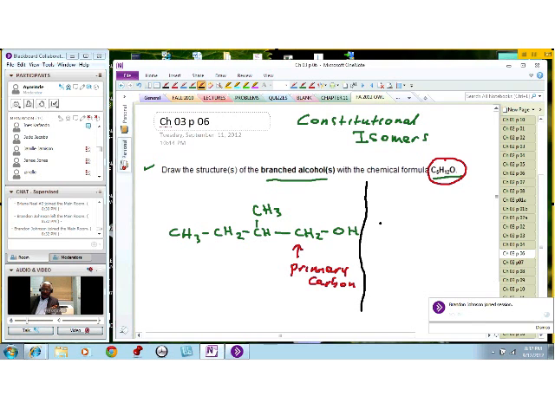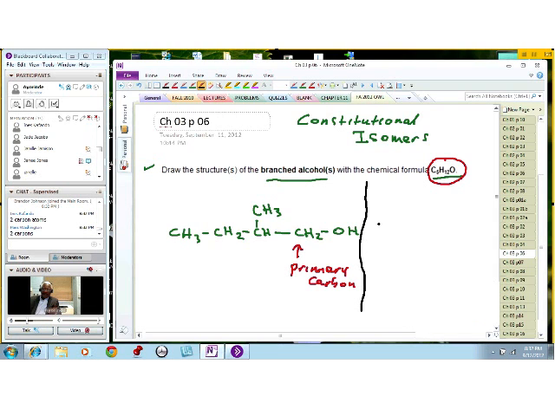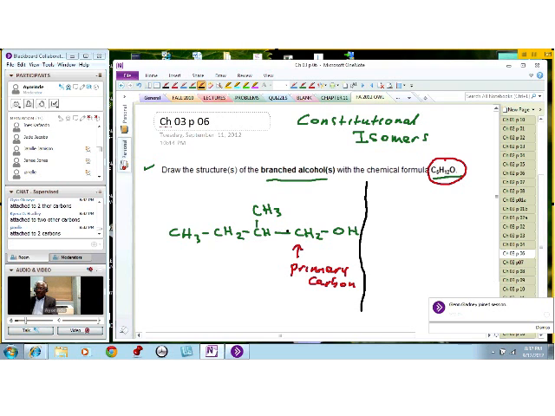That is the question you need to ask yourself. What is a secondary carbon? Does anybody know? Carbon that is attached to 2 other carbons. Exactly. In other words, what I am going to do now is to arrange this molecule here so that the oxygen is attached to a secondary carbon. So let us do that.